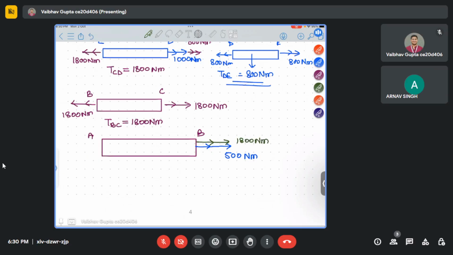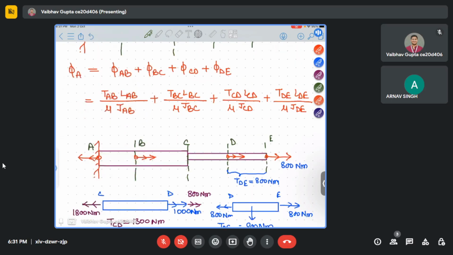So to maintain equilibrium at point A, it will have 2300 Newton meter. This is also the same as the reaction we got, hence proved. So TAB will be equal to 2300 Newton meter. So now you know all the torques.